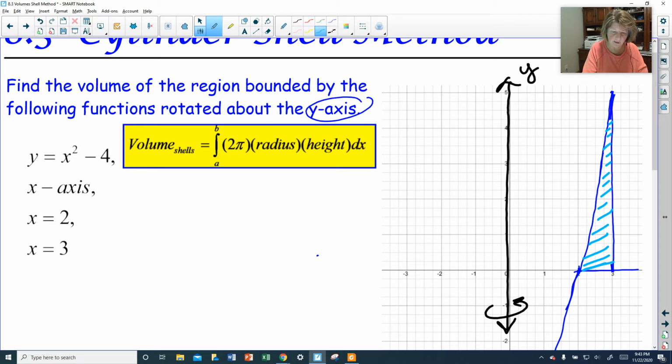And let's see if we can drop in what would be a representative shell. So I'm going to make my representative slice right here, kind of that rectangle that we were talking about that's going to rotate about. It's got to come over to this point, doesn't it? And so I'm going to even draw that vertical.